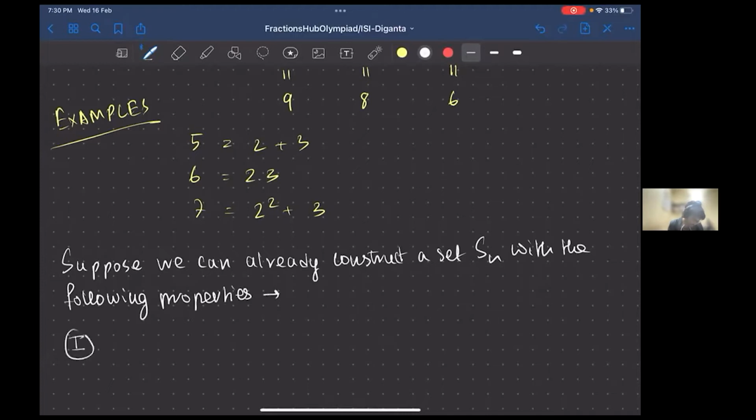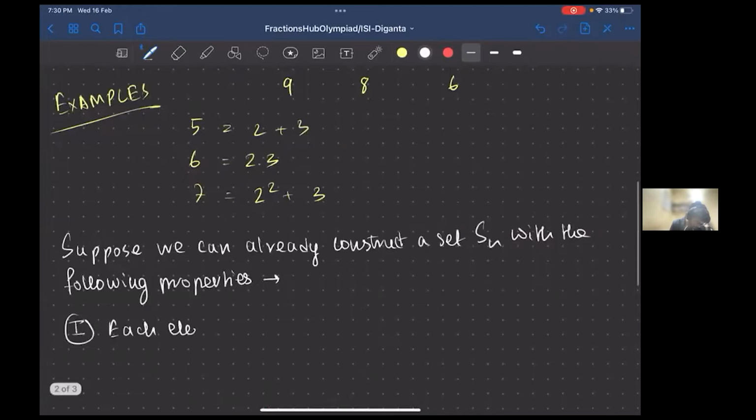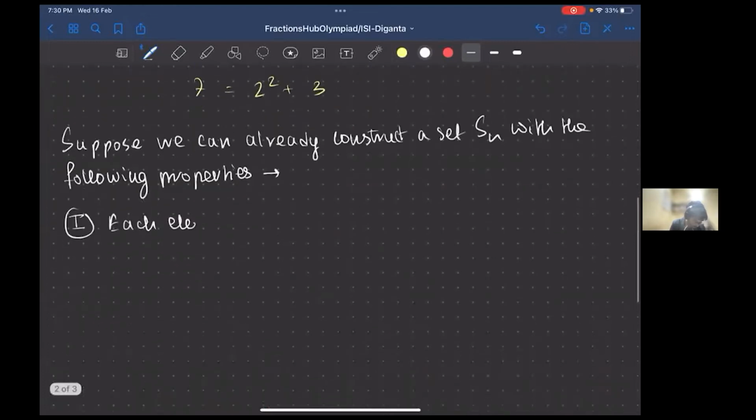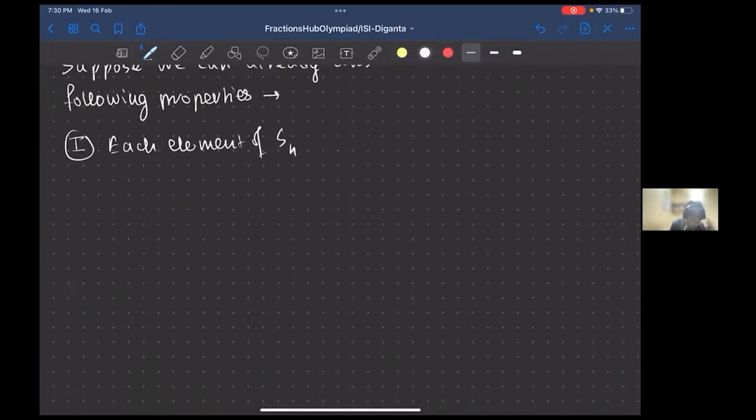One, each element of Sn is of the form 2^r times 3^s, where r and s are non-negative.